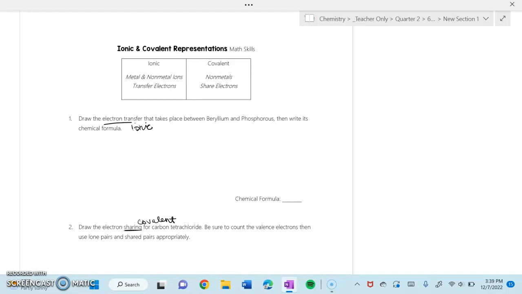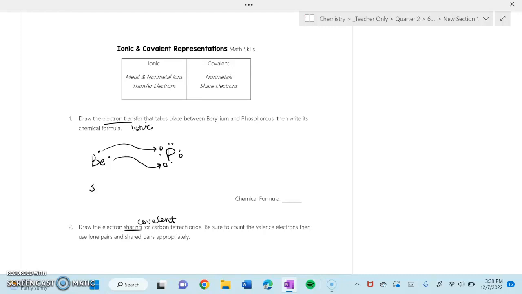So our transfer, we've got beryllium and phosphorus. Each beryllium has 2 electrons, and each phosphorus has 5. So we have 3 open spots around our phosphorus. And we'll start transferring.